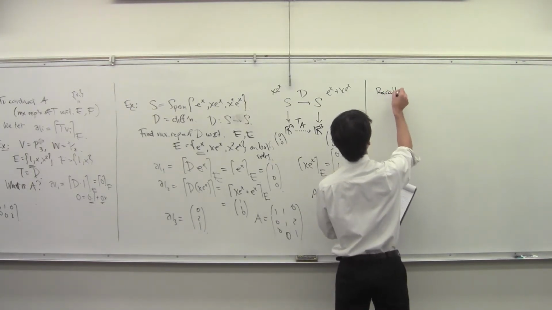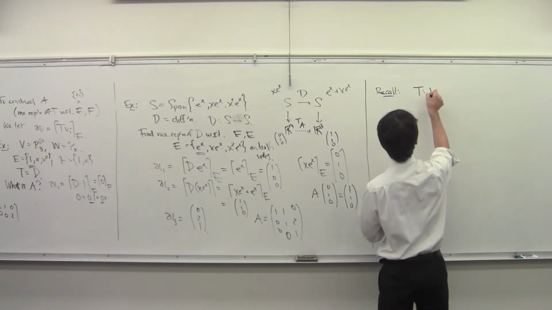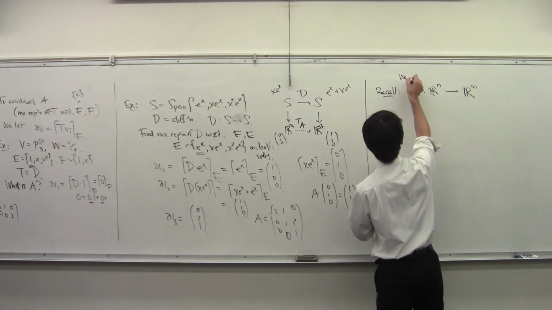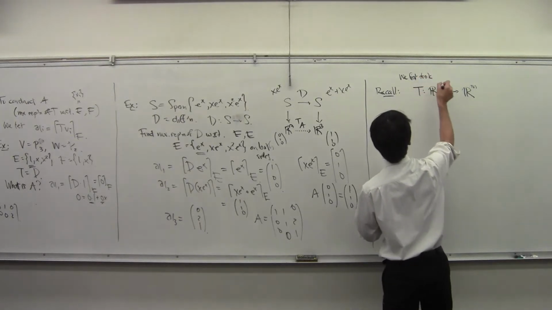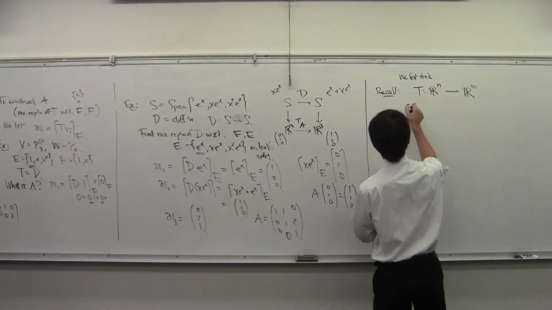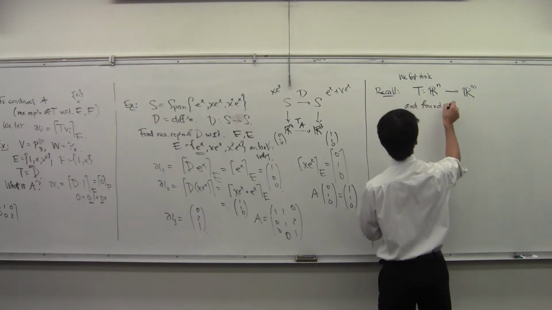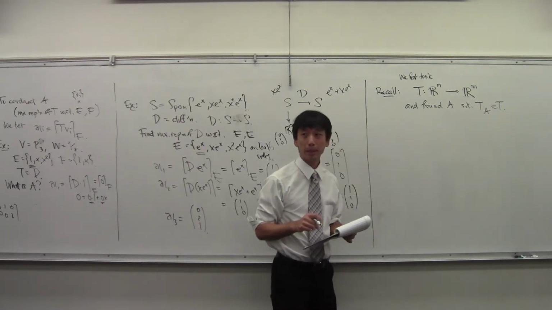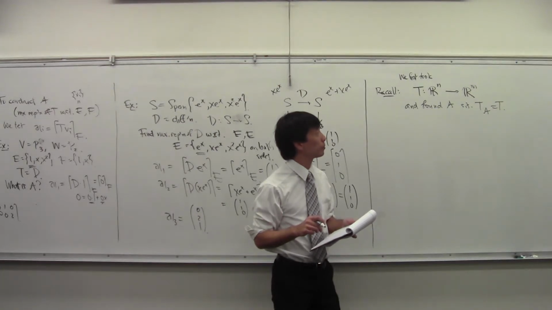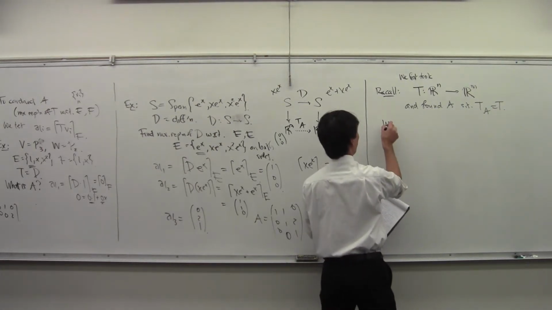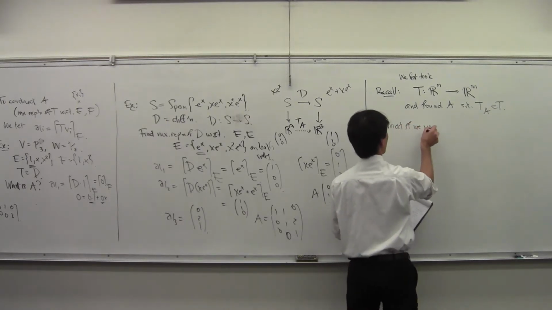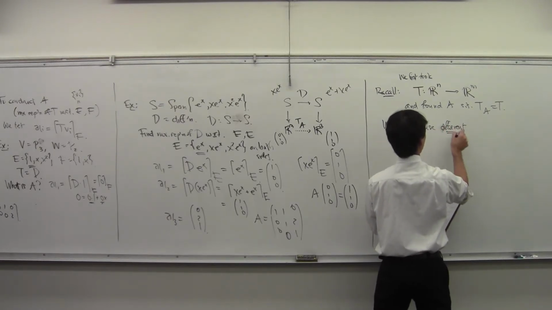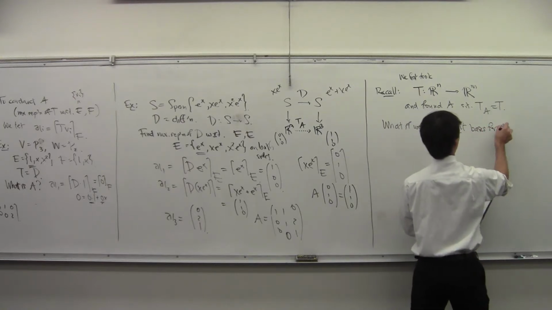The first thing we did was take T from Rn to Rm and find A such that T sub A equals T. What if we use new bases, so different bases for Rn and Rm?